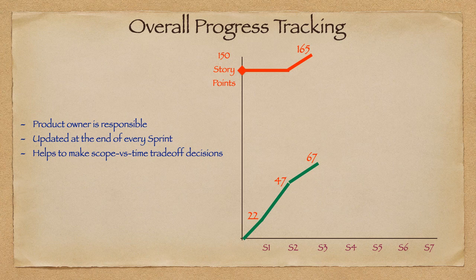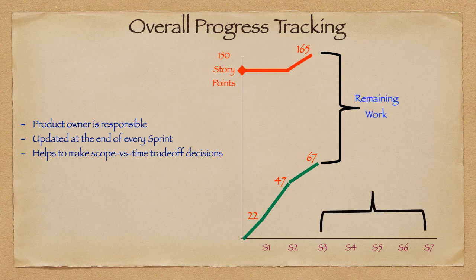Now if the product owner wants to know how we are doing according to the current situation at the end of sprint 3, the remaining work can be calculated based on the red line and green line. So 165 minus 67. And remaining time is calculated based on the number of sprints remaining on the x-axis.